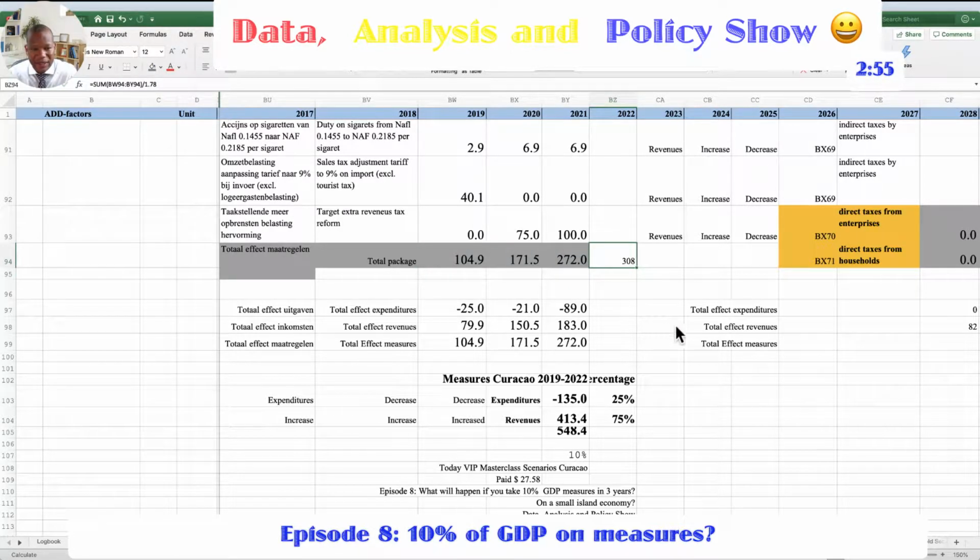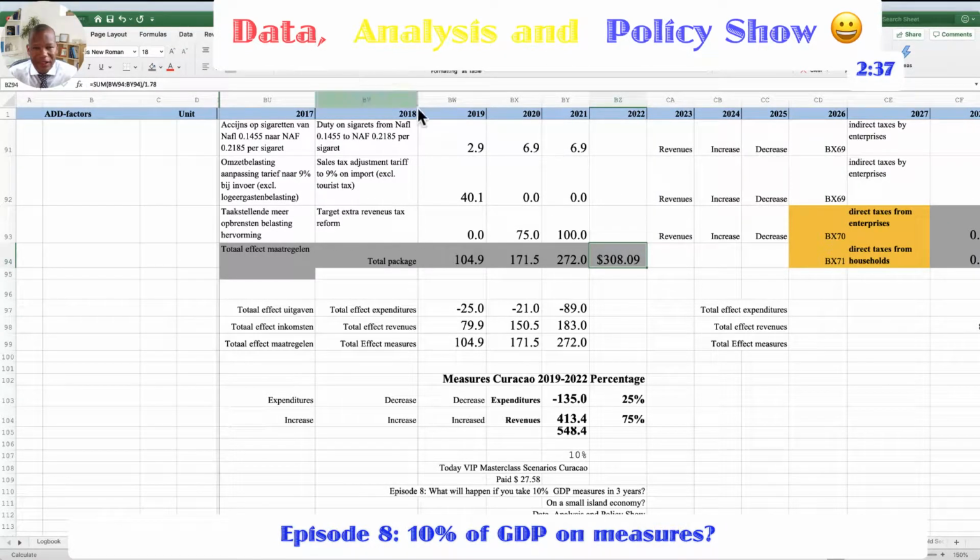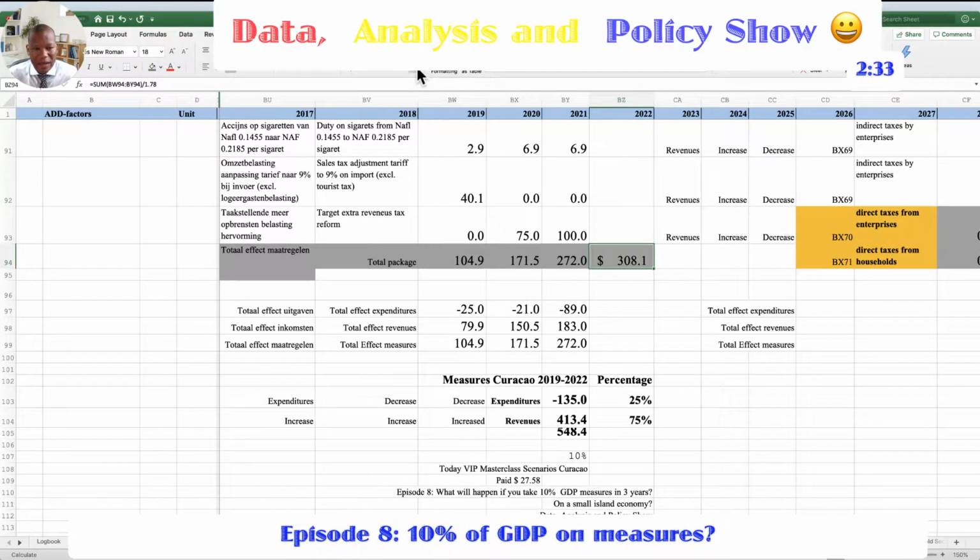Live, you see it. When you sum everything and you divide it by 1.78, it's $308 million. So that's the total package that we are going to get for the next 3 years.